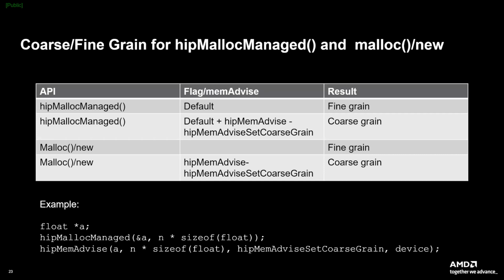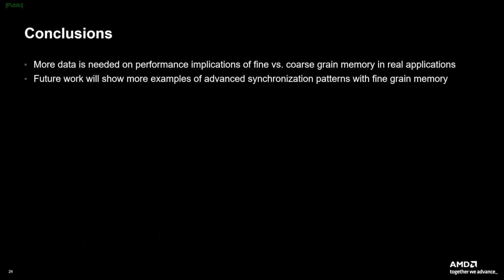Okay, so within our mem advise, we have some flags also. We can change the type of memory we're getting back. With this, I've introduced what coarse and fine-grained memory is.